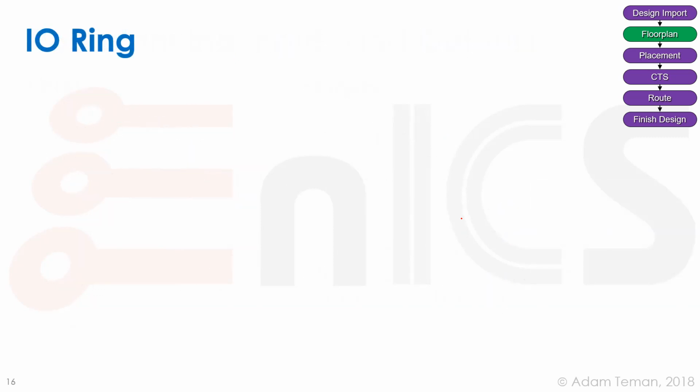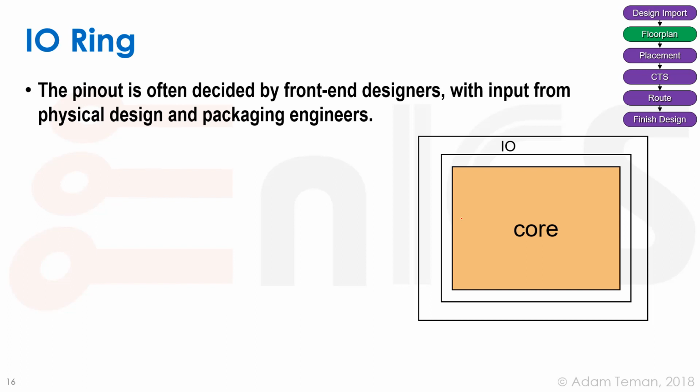So, just an I/O ring. As we saw before, the I/Os are often put in a ring around the chip. At least they were when we discussed what we call wire bond design, which we'll discuss in a later lecture. But in general, usually we talk about an I/O ring that lets us actually drive the voltage of the I/Os, which is often higher than the voltage of the core, and distribute things around the chip and so forth, and be able to hook up to our package in a shorter and better way.